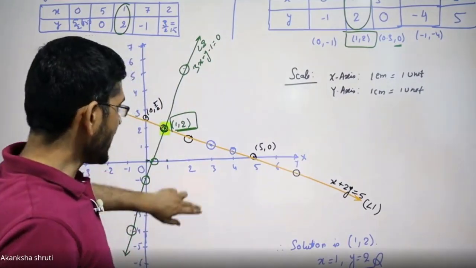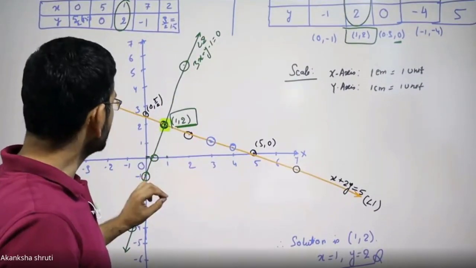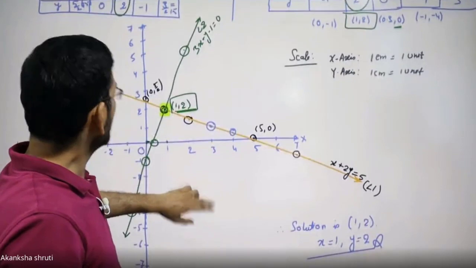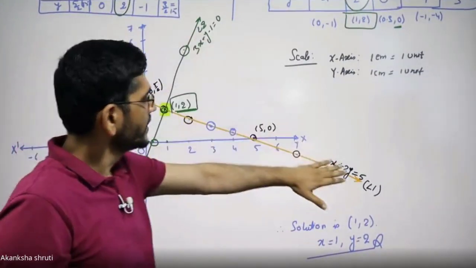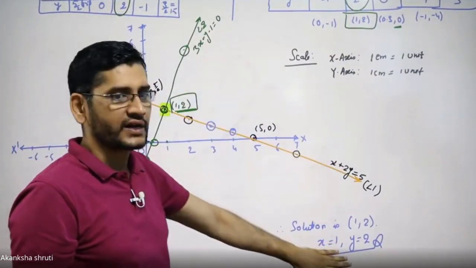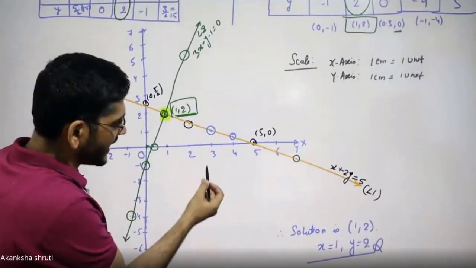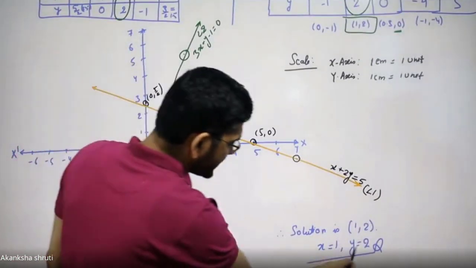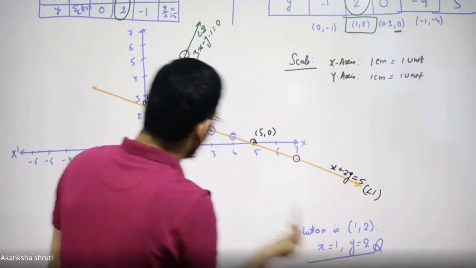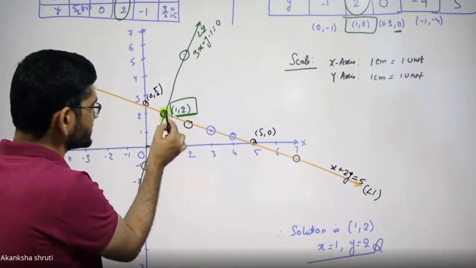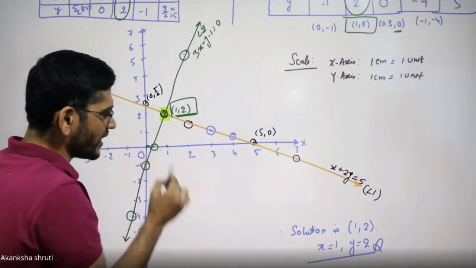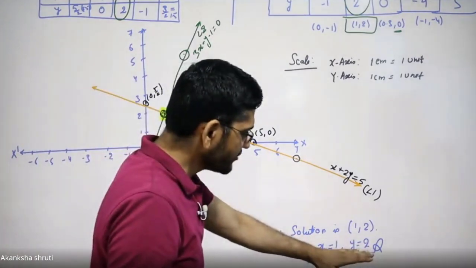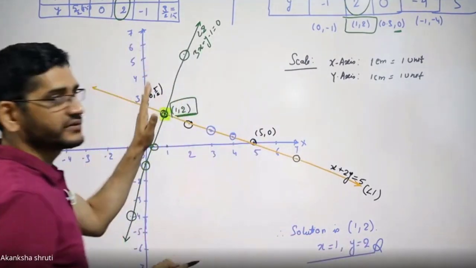So this is how to find the solution of these two linear equations graphically. From here we are getting that the solution that we have obtained is because of the intersection of these two lines. Means what? We can get this solution only if the lines are intersecting.